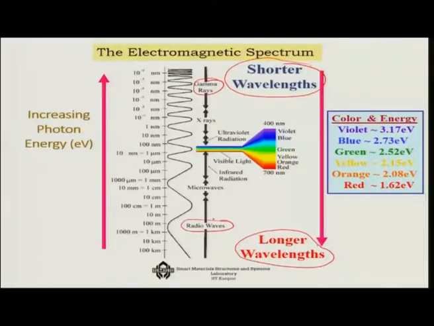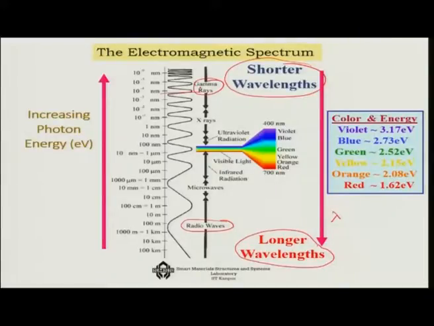As the wavelength lambda increases, we start from the gamma rays, which go somewhere up to 10 raised to the power minus 4 nanometer or so. 1 nanometer is 10 to the power minus 9 meter. So you can imagine how small that wavelength is.